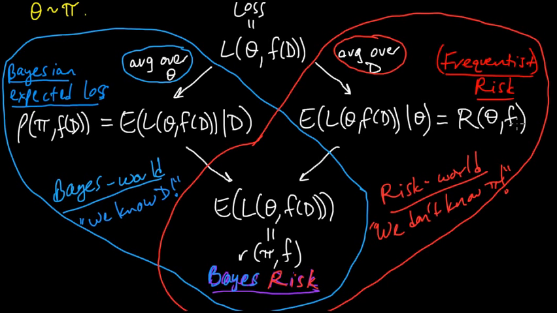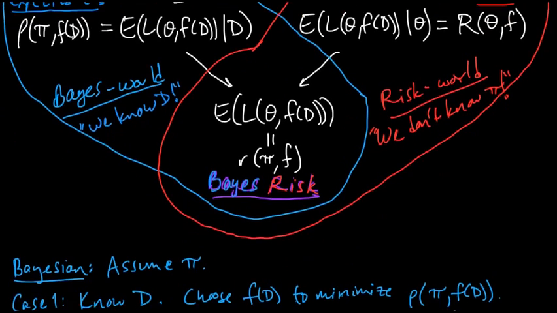It's not well-defined because F is a function here, and there's not a total order. You can't just say that for any two functions, one is always better than the other. So we'll see that in a little bit more detail when we talk about admissibility.